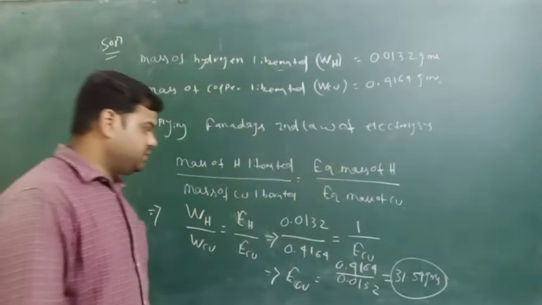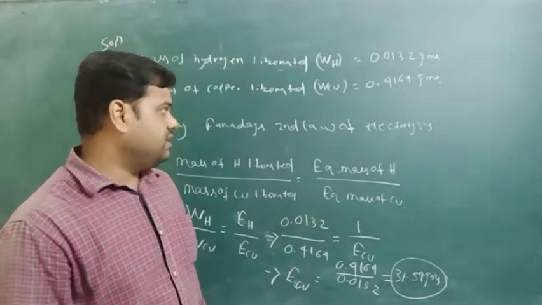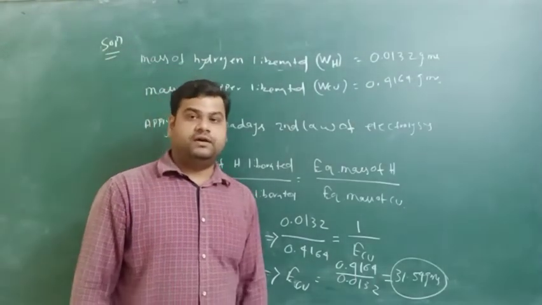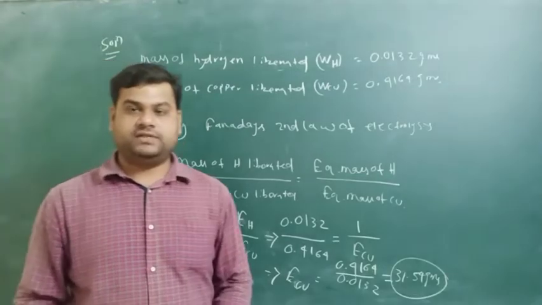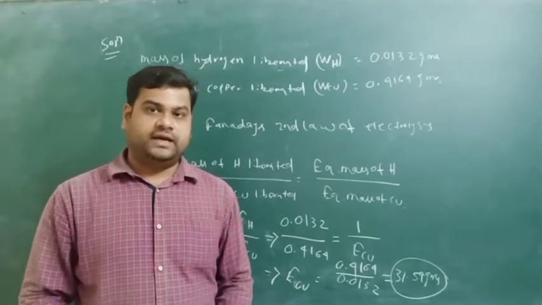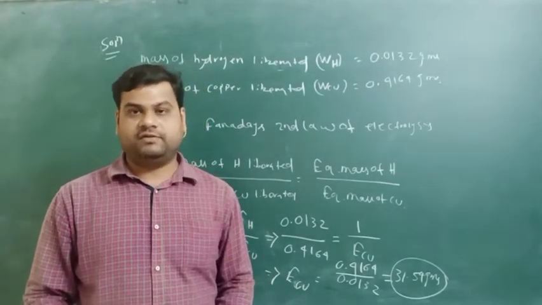So we have calculated the equivalent mass of the copper. The mass of hydrogen and the mass of copper are known values, and we know that the equivalent mass of hydrogen is 1.